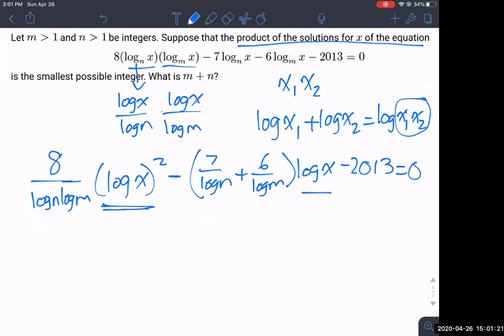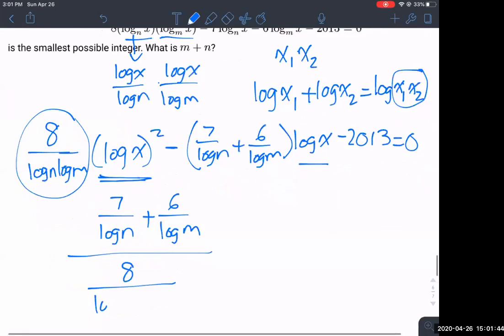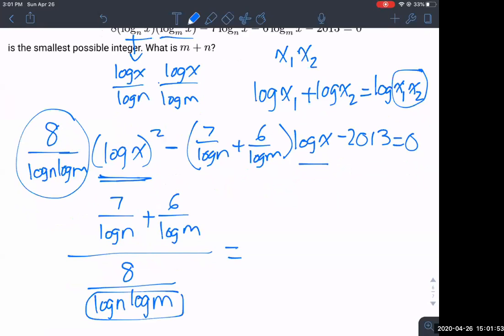solutions. So in this case, the sum of the roots of this equation would be (7 log n plus 6 log m) over the coefficient here. Notice that we don't have a negative sign because this is already negative. We can multiply the numerator and denominator by log n log m to get this.